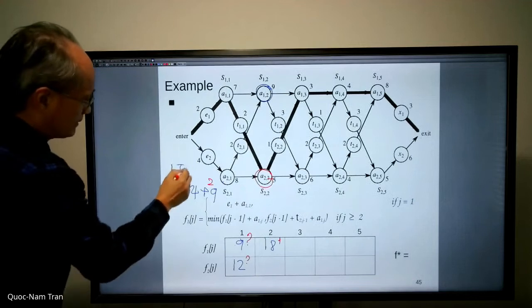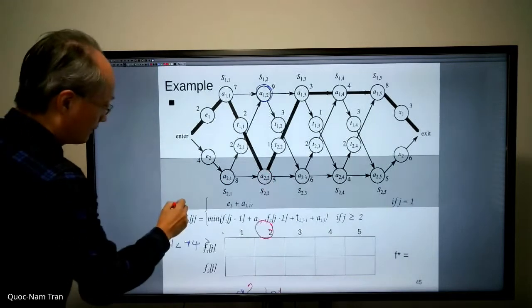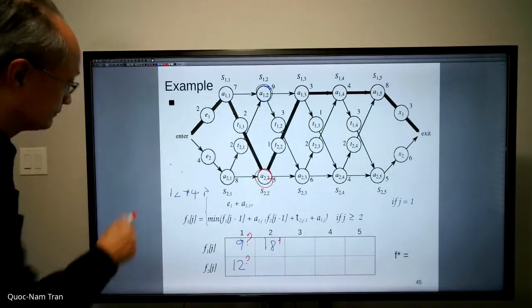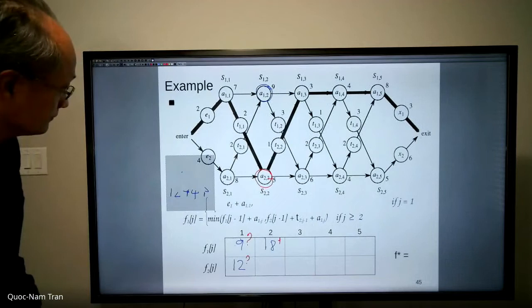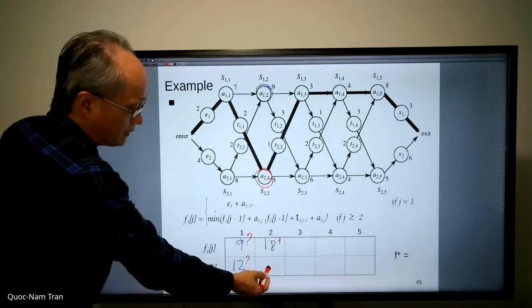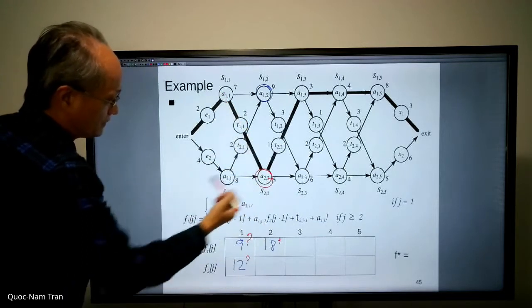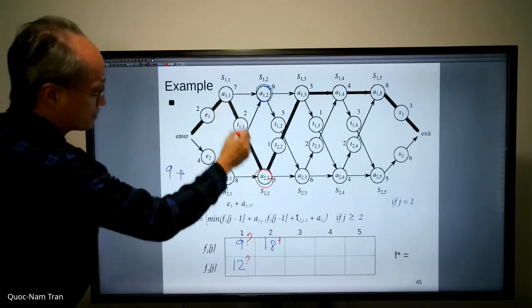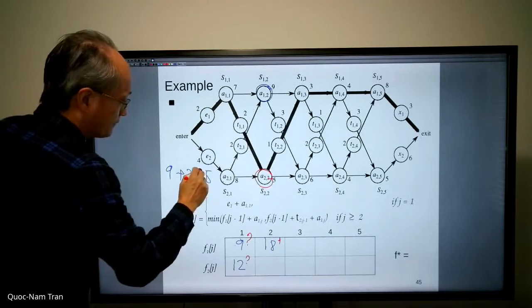So for f2,2, we look at f1,1 plus the cost: f1,1 is 9, plus the cost 2, plus the time to finish here, 5.